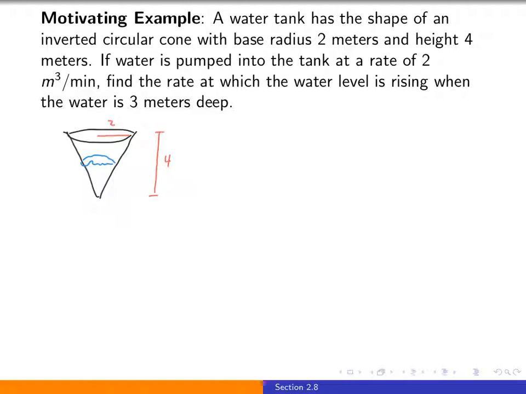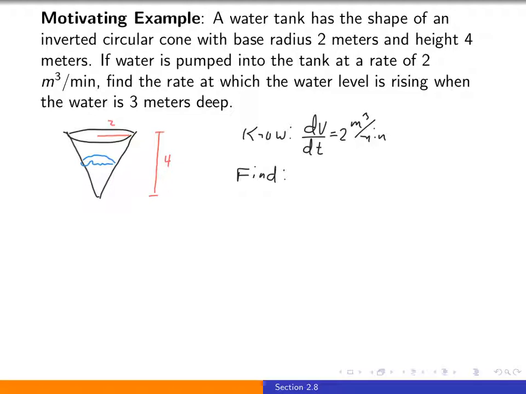So what we know is that dV/dt is equal to 2 cubic meters per minute. And what we would like to find is the rate at which the water level is rising when the water is 3 meters deep.